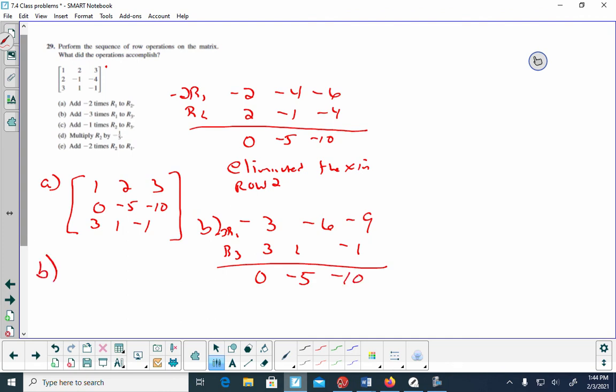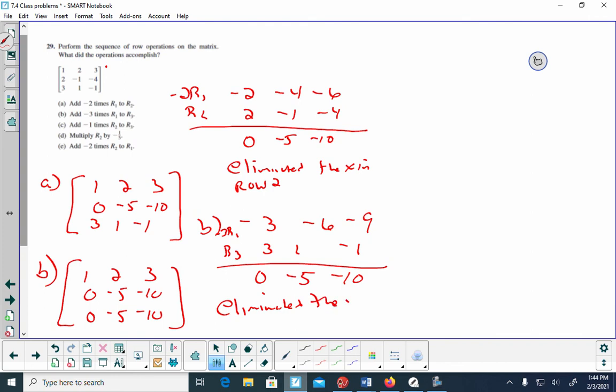That looks familiar. So 1, 2, 3, 0, -5, -10, I didn't touch those two at all. And then this is my new row 3. And what did that do? That eliminated the X from row 3.